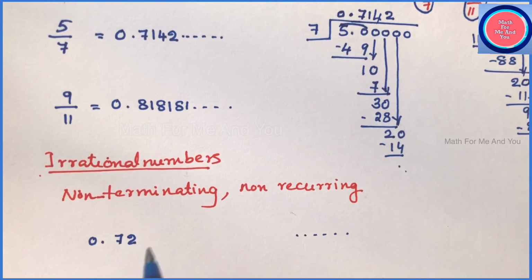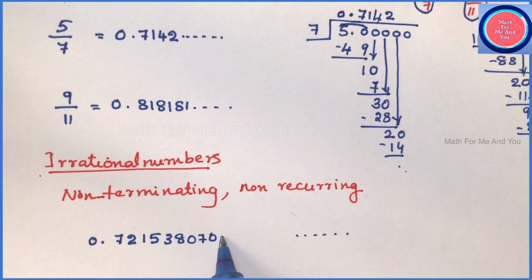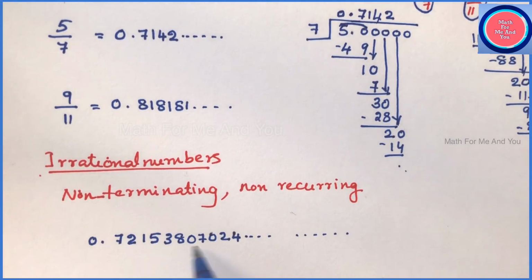So we can see non-terminating. Let me select different digits. Simply from my mind, I'm selecting some digits which are not the same: 721538 0, then 7 0 4 2, or like this. So we have selected a number and this is irrational.